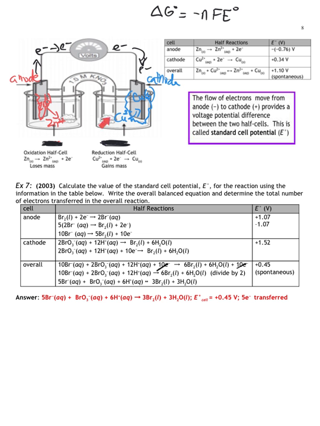So let's talk about the role of the salt bridge. As zinc solid becomes zinc 2 plus ions, the solution is becoming more positive. And as you're losing the positive, as copper 2 plus becomes neutral copper in this electrode, this side is getting more positive, this side is getting more negative.